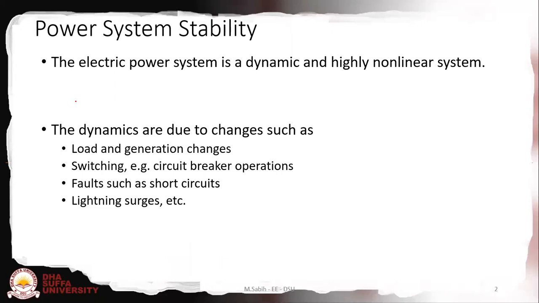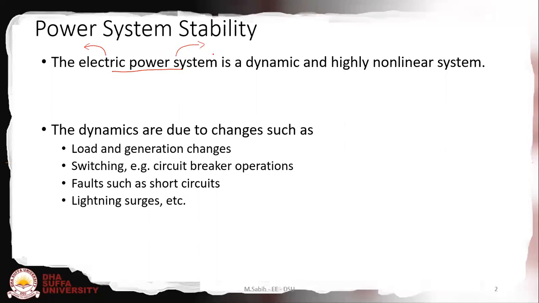In power system stability, we are mainly concerned about the electrical power system, and it doesn't only depend upon the electrical parts. It has some other electromechanical phenomena, as well as at the load side, it has some dynamics which are always changing, and the atmosphere.